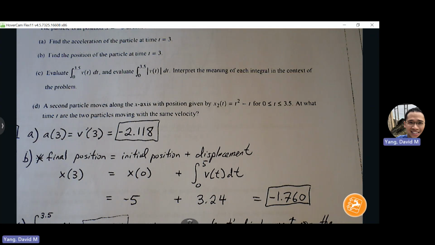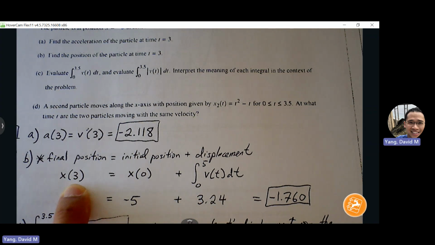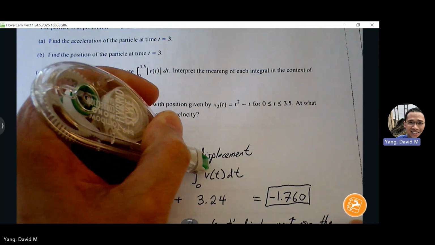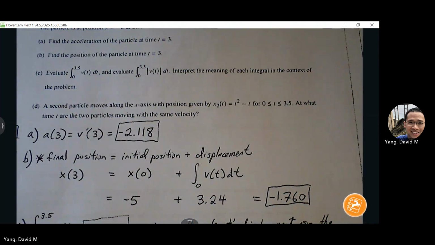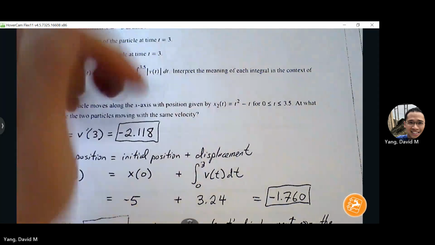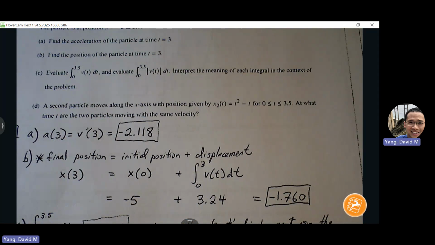You're right. It should be from 0 to 3. Let me double check that, because I want to start at 0 and go to 3, right?